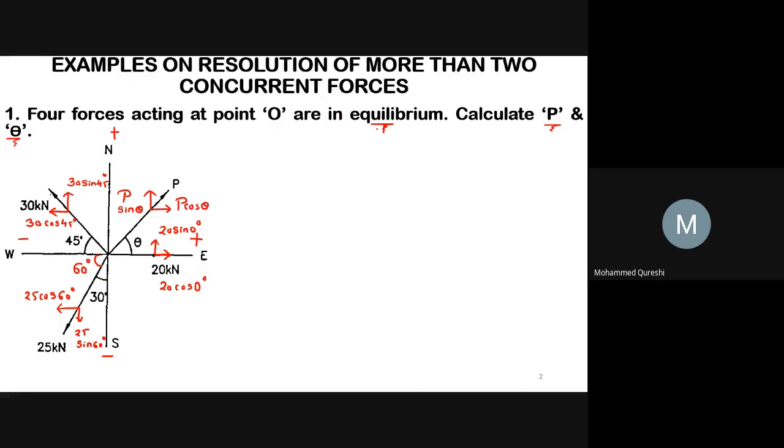Since we have been given that the system is in equilibrium, sigma H will be 0, sigma V will be 0, and we know that if sigma H is 0 and sigma V is 0, then your resultant will also be 0.